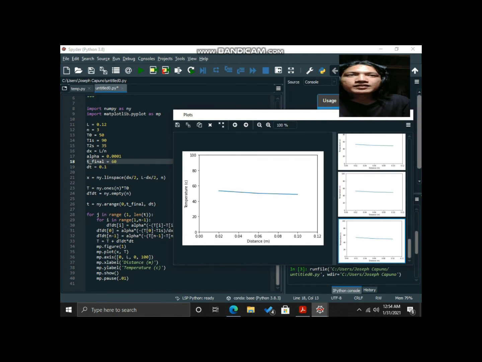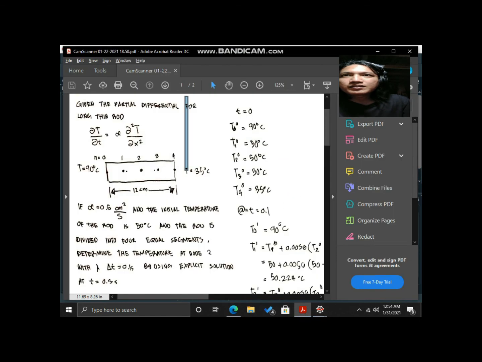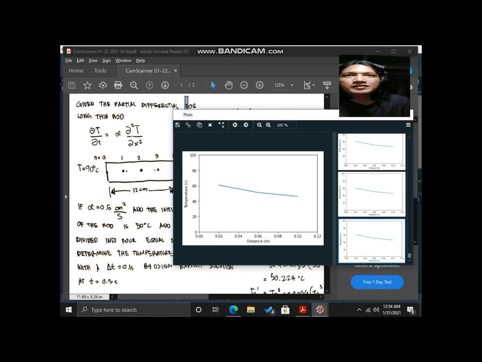Ito yung sinasabi ko kanina, kaya hindi natin sinama yung boundaries. Kaya ang n natin is 3 lang, ibig sabihin yung 3 lang sa gitna. Itong boundary natin hindi na siya kasama. Kaya mapansin niyo sa graph, hindi umabot sa boundary natin.